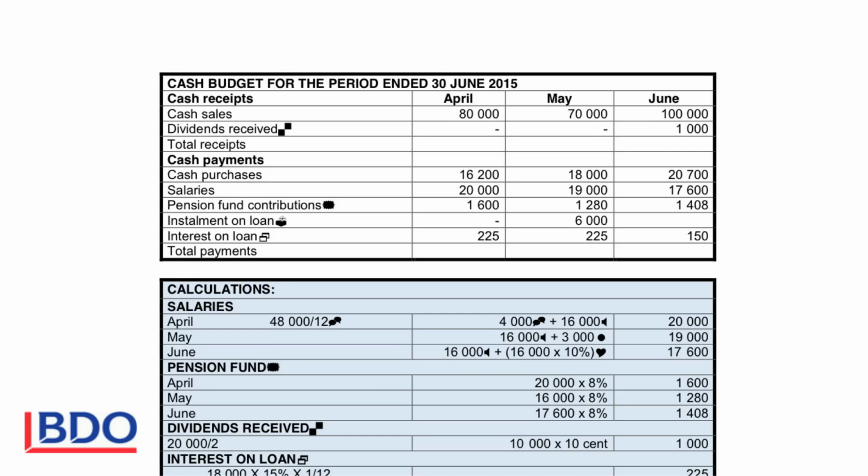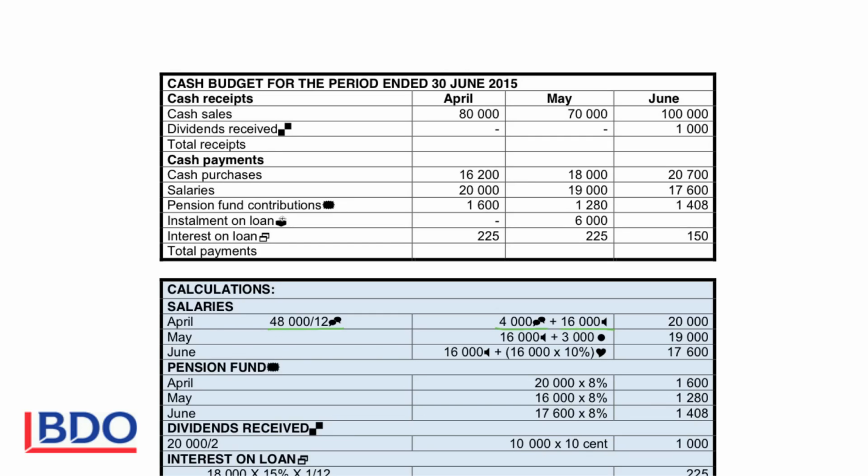Salaries for April, they said, was 48,000. Divided by 12 gives me 4,000 rand. That is for the additional person that was appointed. According to them, the salaries before this person was appointed will be 16,000 rand a month.